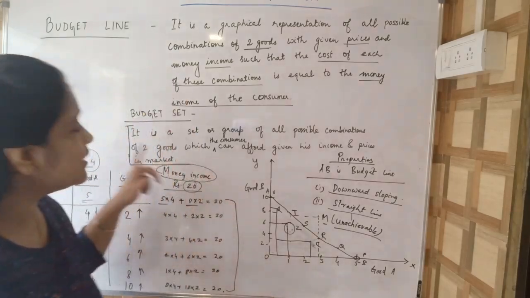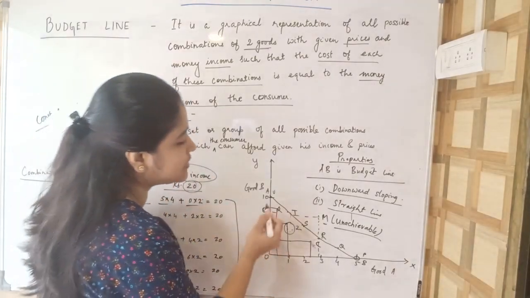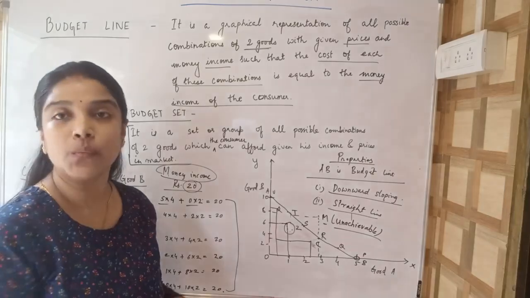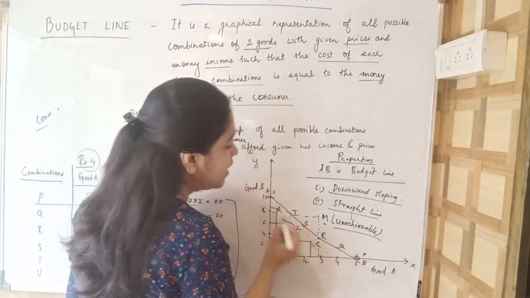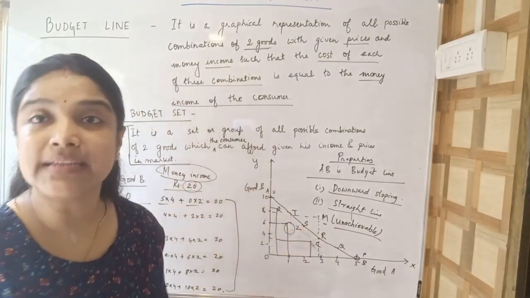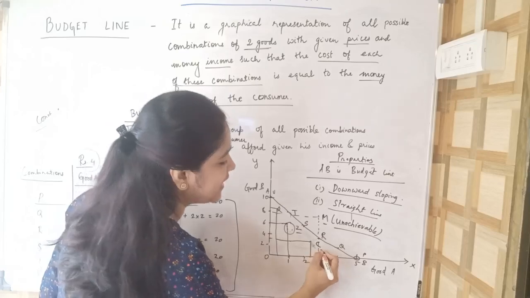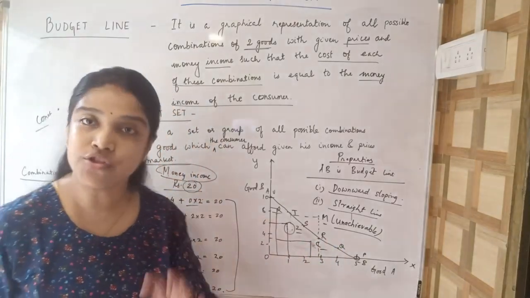So under the budget set, we will have all these combinations in which the consumer does not spend his entire income also. Let's say combination Q, combination Z, combination C. These are not on the budget line.